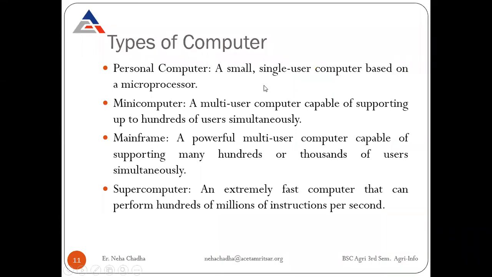The system that we generally use is called the microcomputer, personal computer. A single-user computer is small, based on a microprocessor. Each and every device which has some sort of processing has some processor. You must have heard about Intel processors, AMD processors.